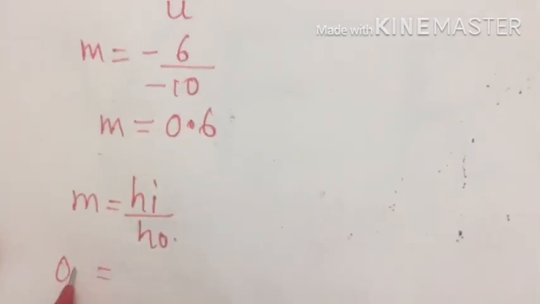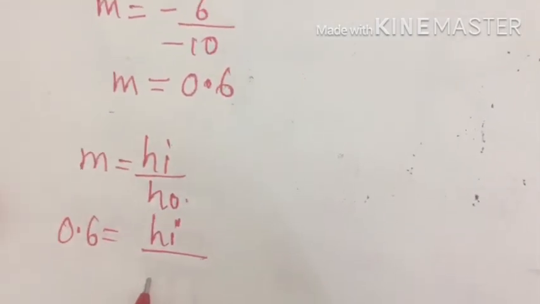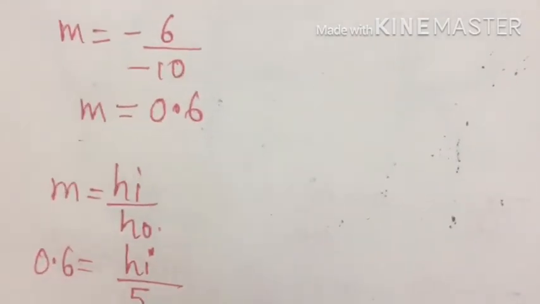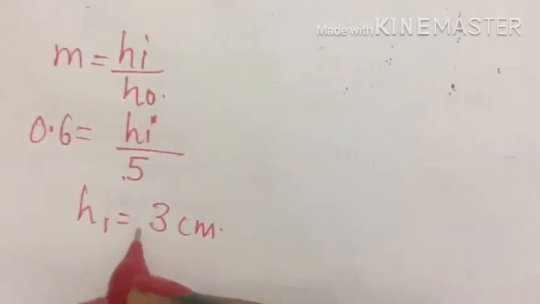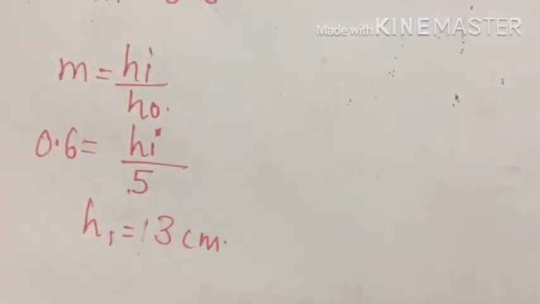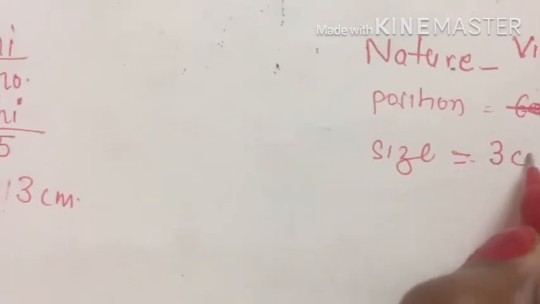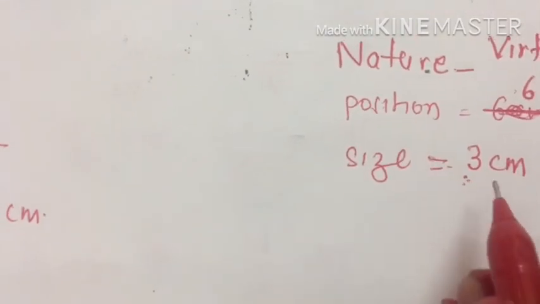So magnification is 0.6. Height of the image निकालनी है. Height of the object given है, that is 5. So height of the image is 5 into 0.6, that is 3 centimeter. Again there is a positive sign here. So what you can see about the size? Size of the image is 3 centimeter and it will be virtual and erect.